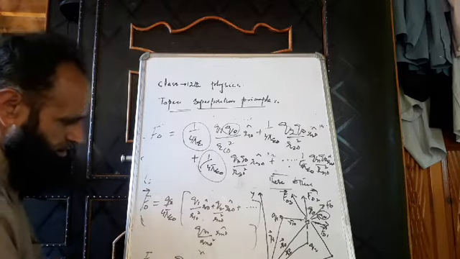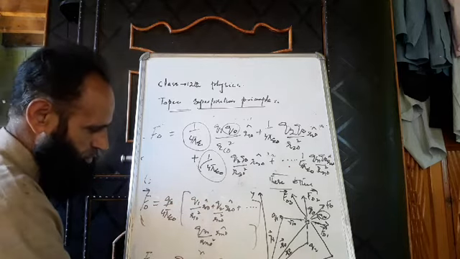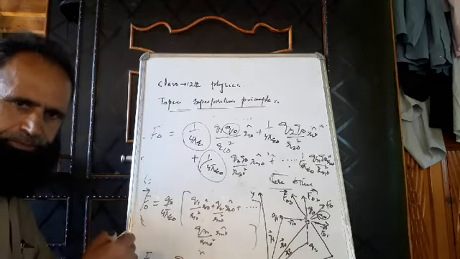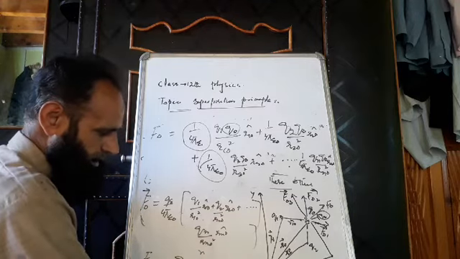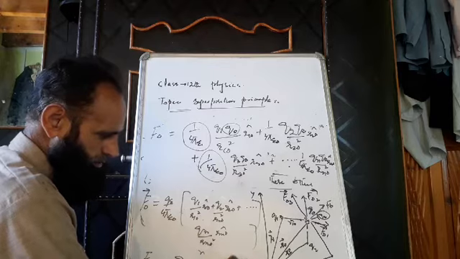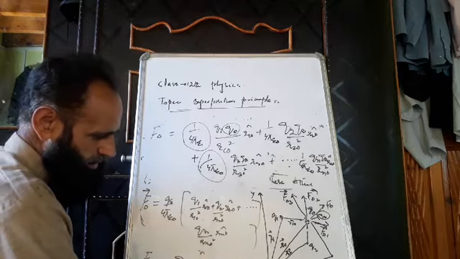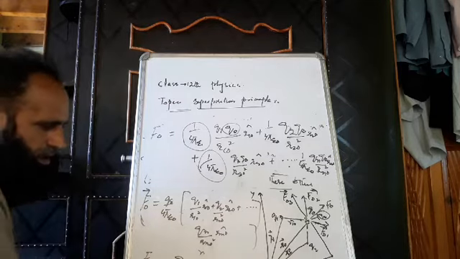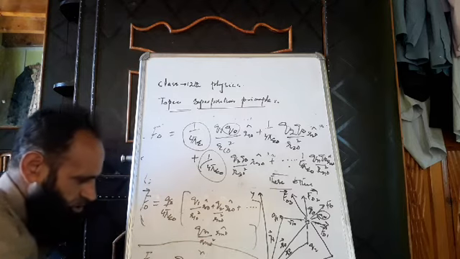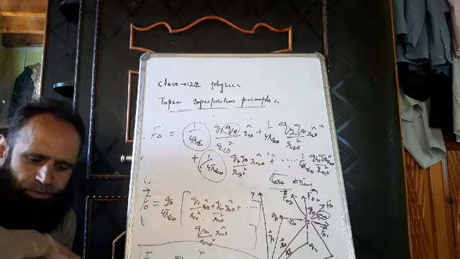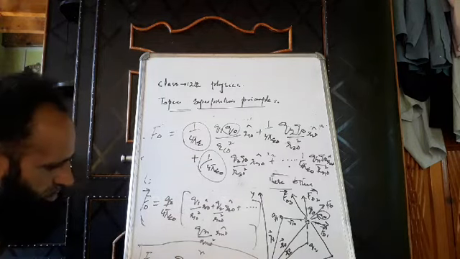Instead of writing 1, 2, and so on, we can take the summation of Qi Ri0 cap divided by Ri0 square, with i taking values from 1 to n. This is our final equation for the superposition principle.